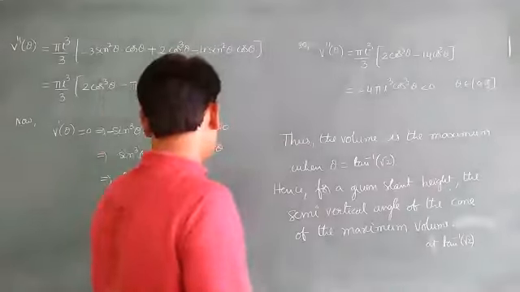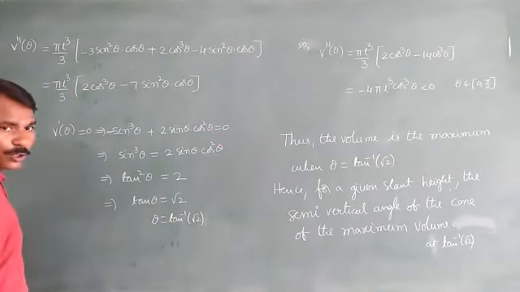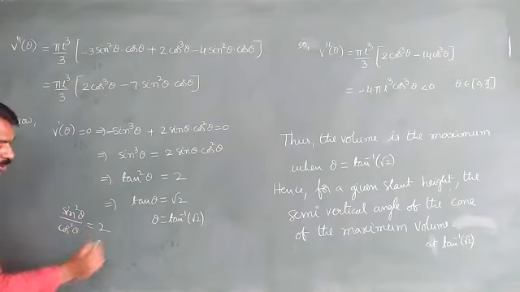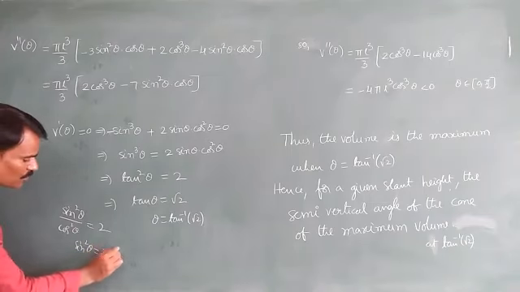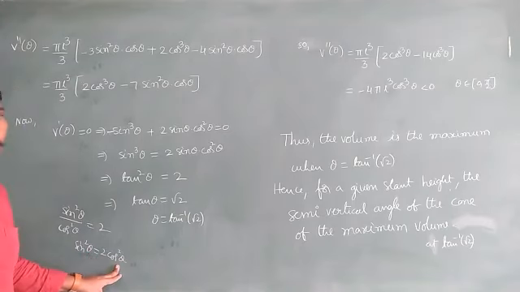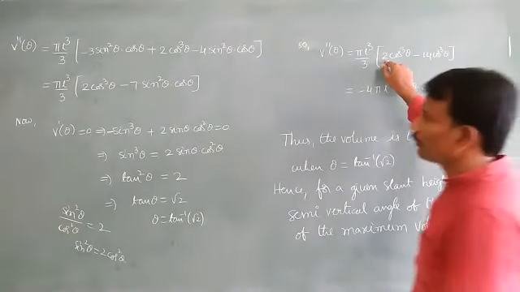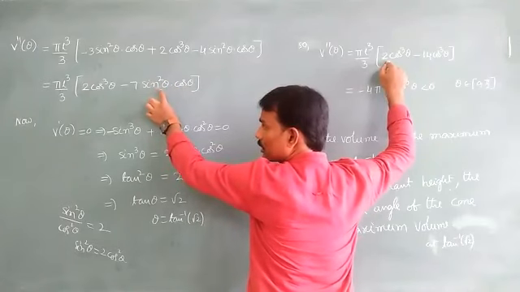If you keep tan theta as root 2, observe, guys, tan square is equal to 2 now. Tan square means sin square theta by cos square theta is equal to 2. Then sin square theta is equal to 2 cos square theta. Substitute here in the double derivative test, which is also changing into cos terms.